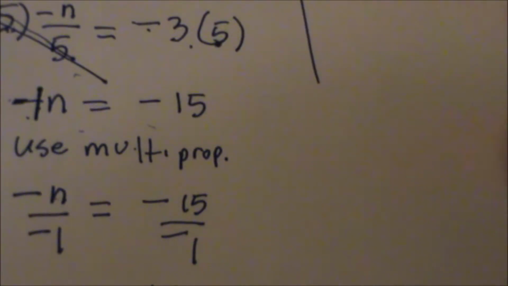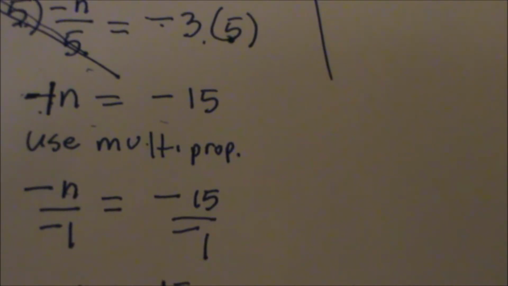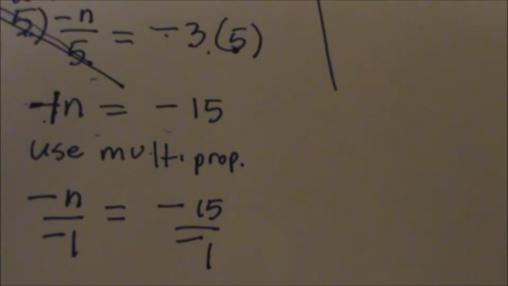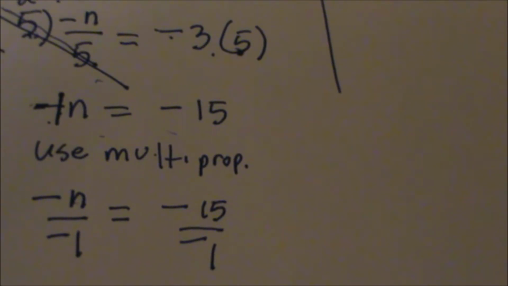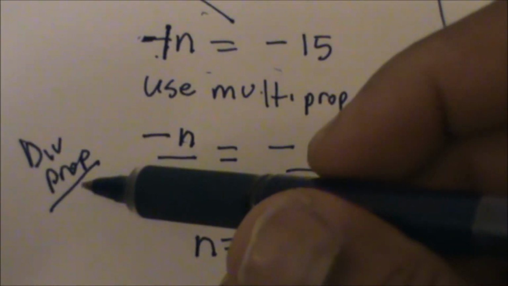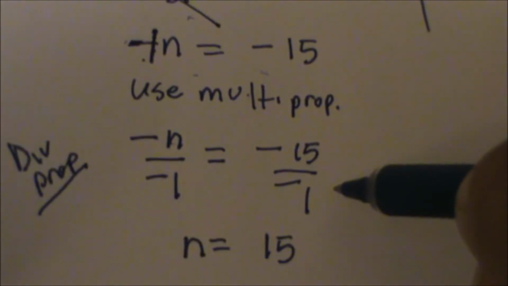In this case, you had negative n, which would be the negative 1 portion of the variable. So we divide by negative 1. So we use the division property here to cancel out your negatives on both sides.